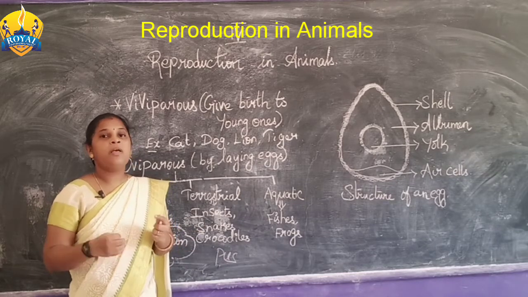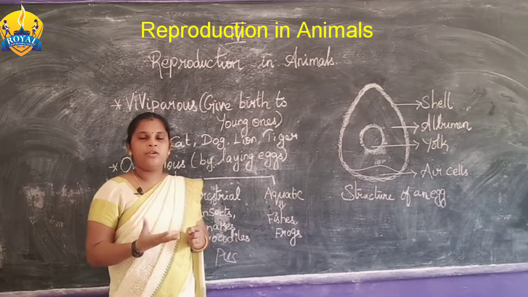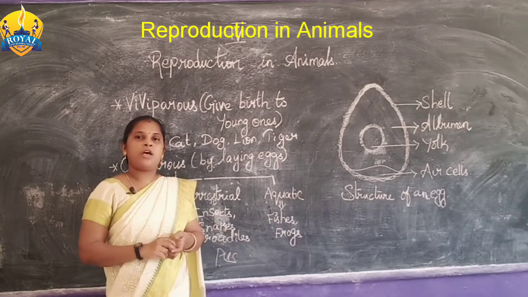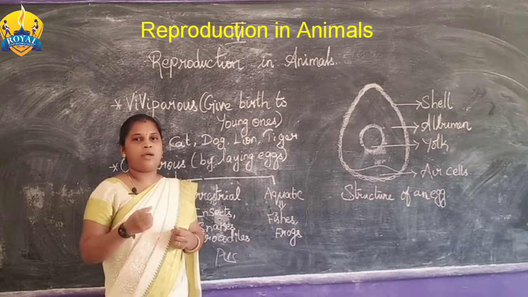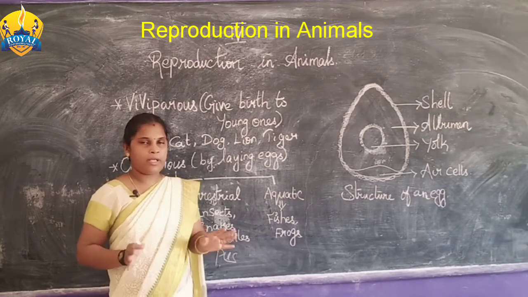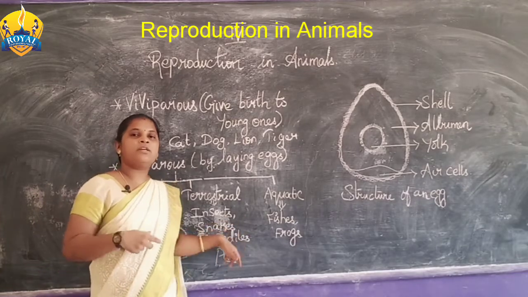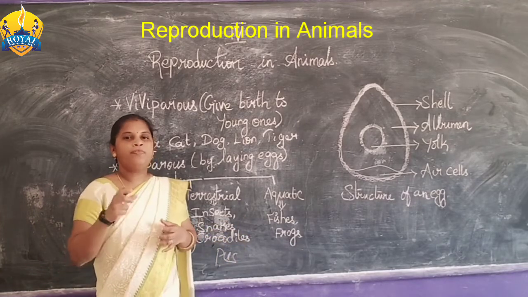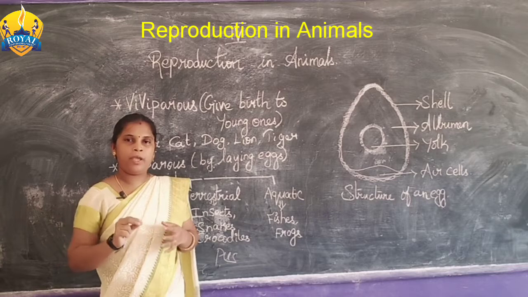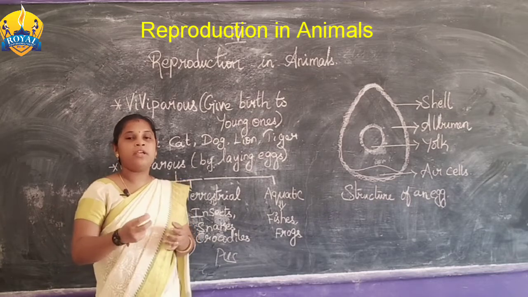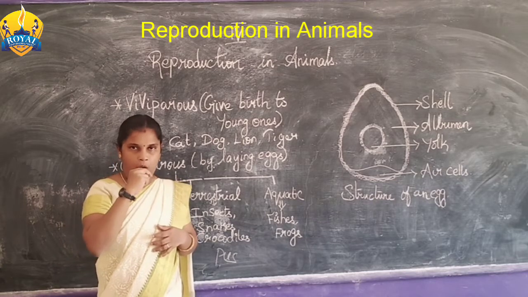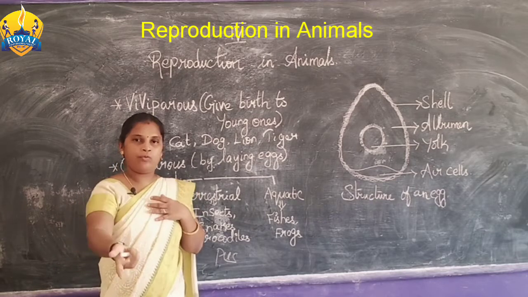After some time the eggs will hatch out. Not all the eggs will hatch out. Some of the eggs will hatch and some of them will disappear in that place itself. After the eggs hatch, what will the crocodiles and alligators do? They'll catch the small baby crocodiles and alligators, everything. They'll hold them in their mouth and take them to the water.